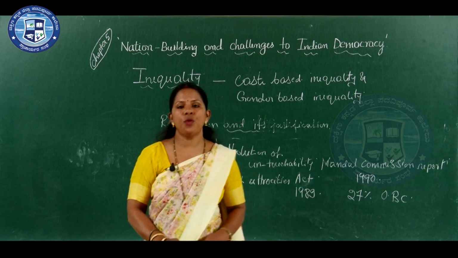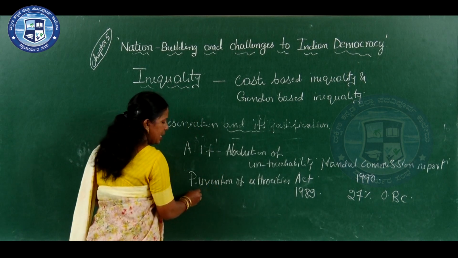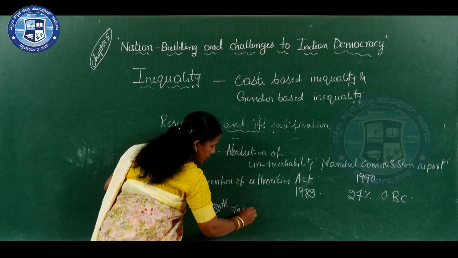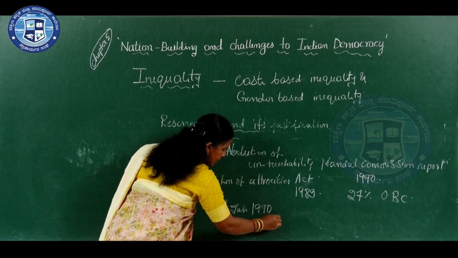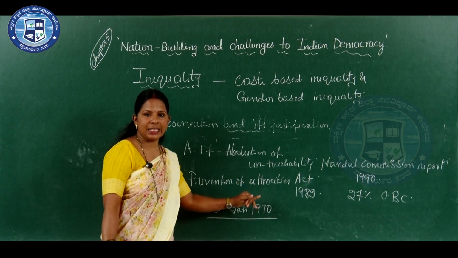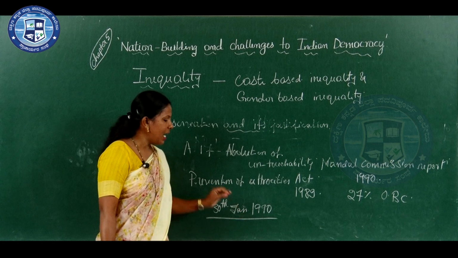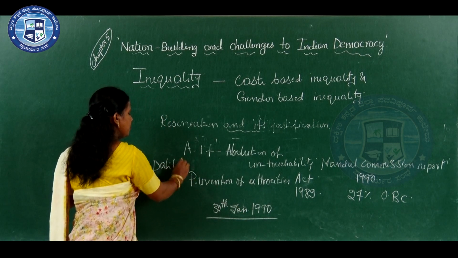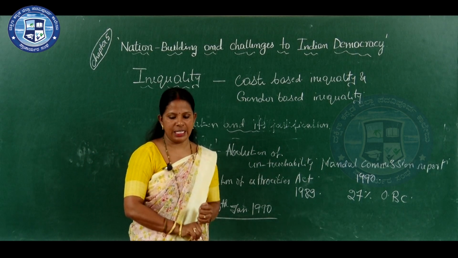It came into force on 30th January 1990. This date is also very important. The Prevention of Atrocities Act, implemented on 30th January 1990, is also called the Dalit Act, to protect the interest of the weaker sections.